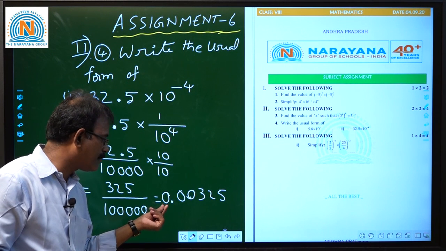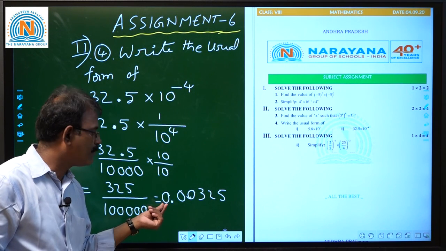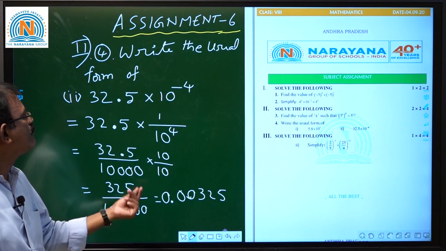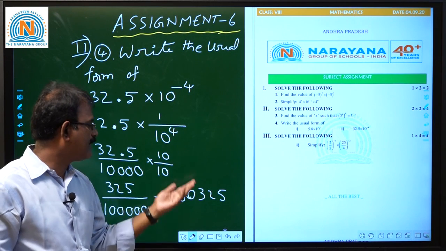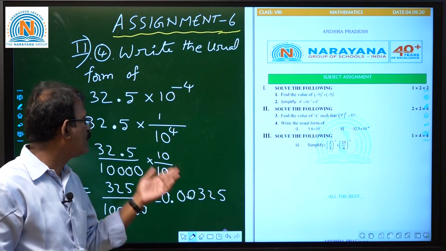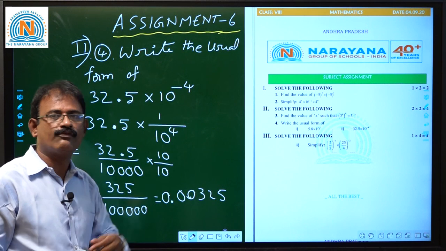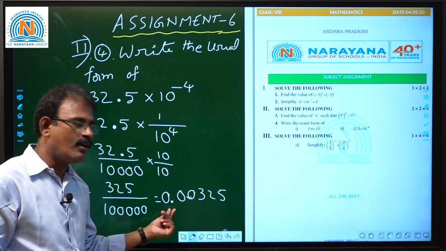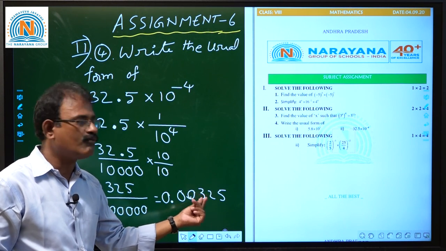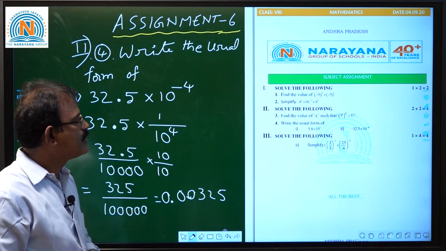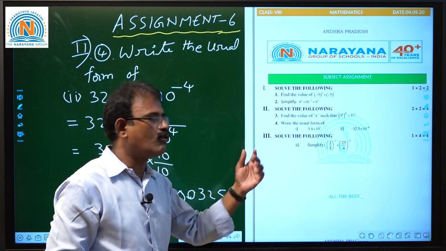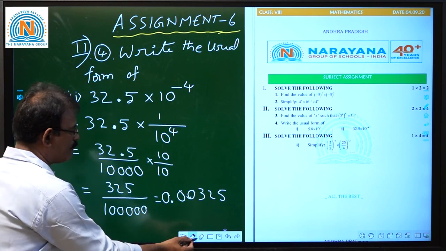And as there is no integer part, 0 before the decimal point. So this is the usual form of 32.5 into 10 power minus 4, children. What is the usual form of 32.5 into 10 power minus 4? This is 0.00325. Okay, children.